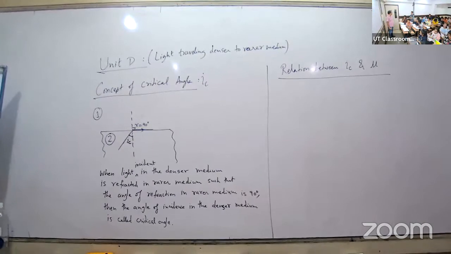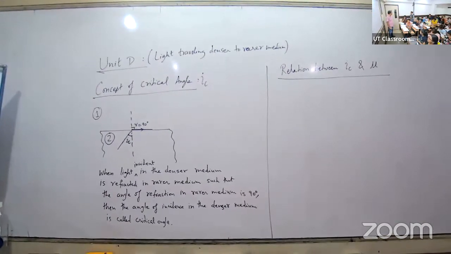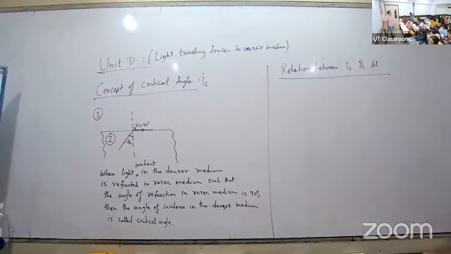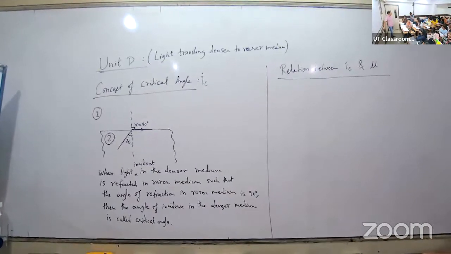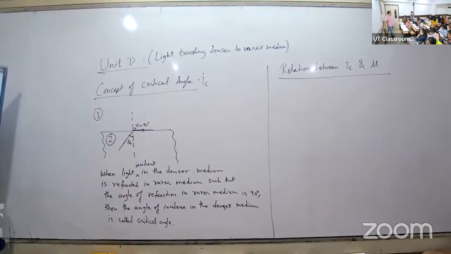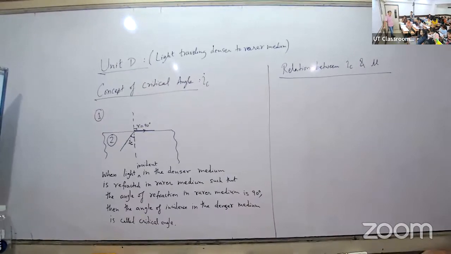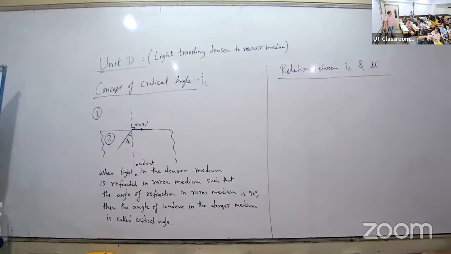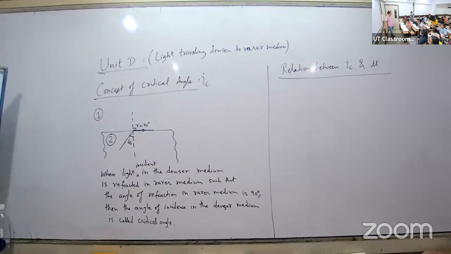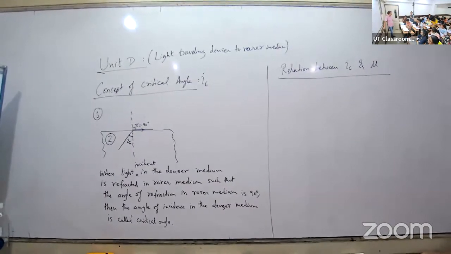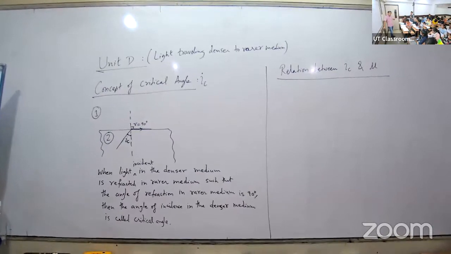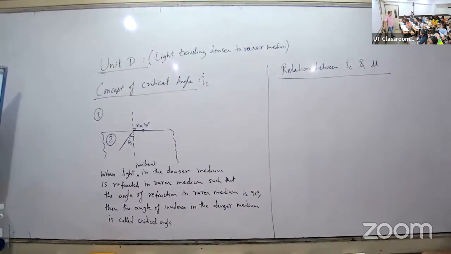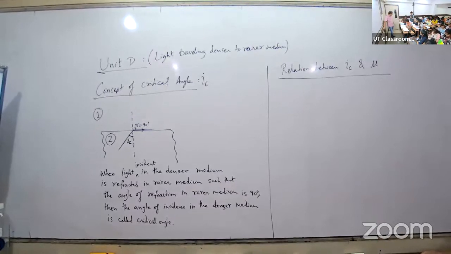Diagram देखो. When an incident ray is refracted from denser medium to rarer medium, refract कहाँ पे होता है? हमेशा denser to rarer में हो रहा है. हाँ. ठीक है, चलो समझ में आ गया ना?